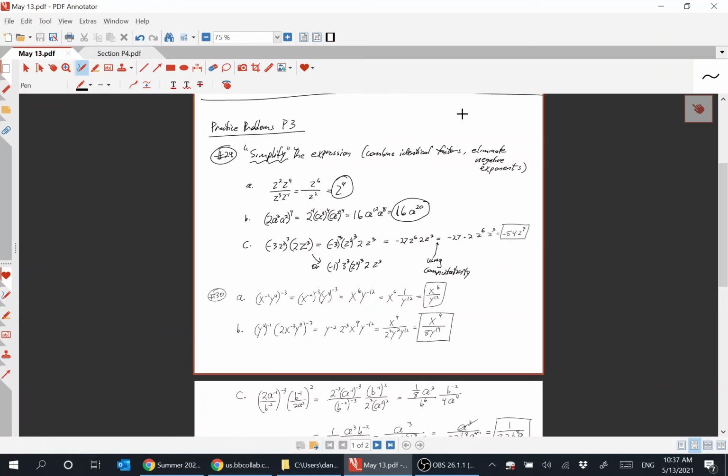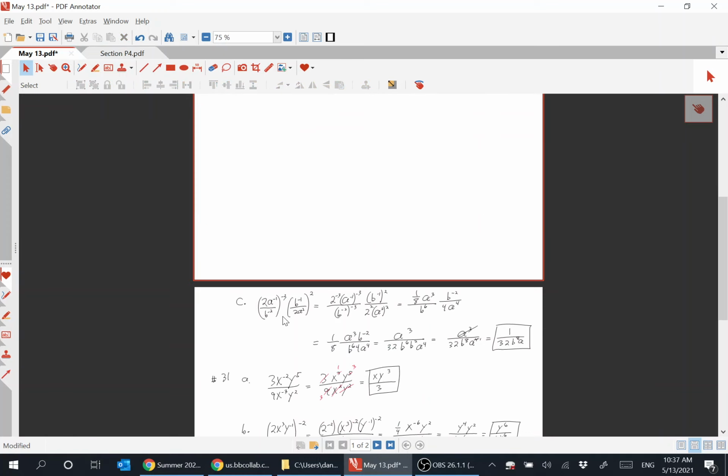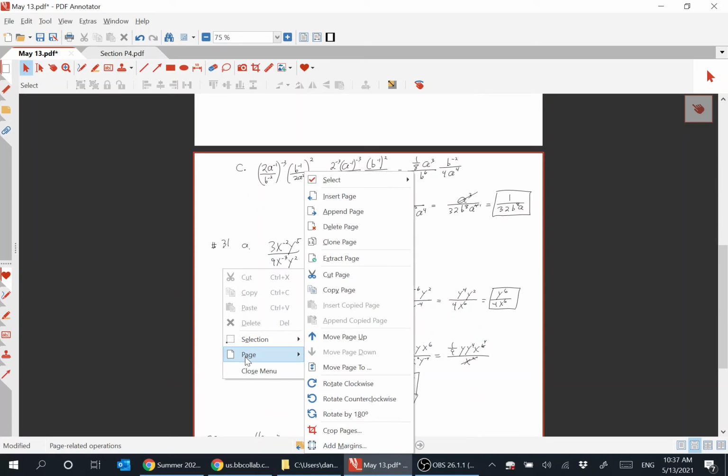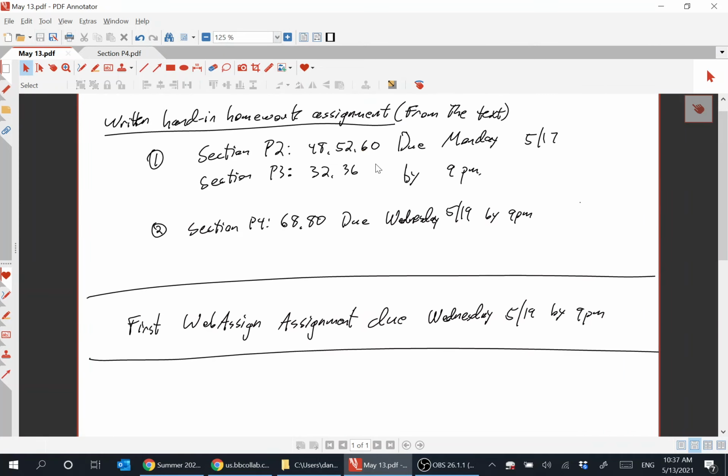Are there any other problems in this section that anyone would like to see in P3? Sorry, just to clarify, for P4, did you say it was due Wednesday or Thursday? Wednesday. Okay, thanks.